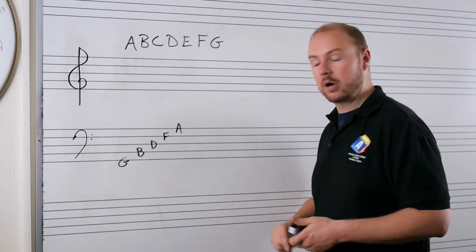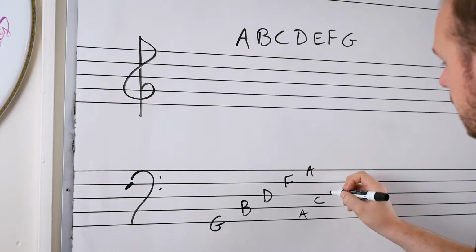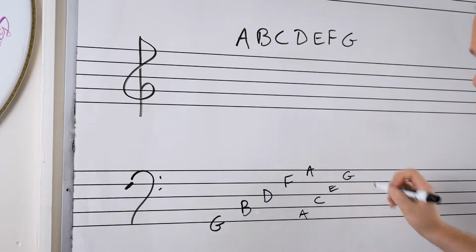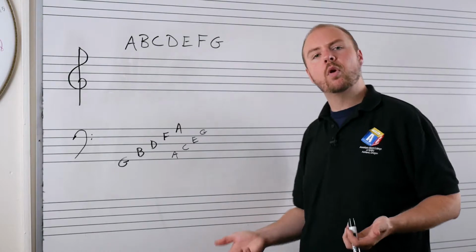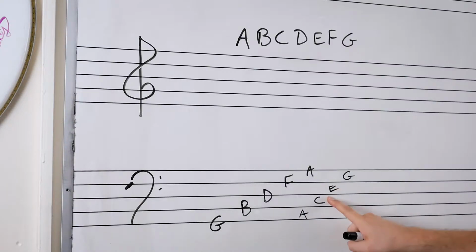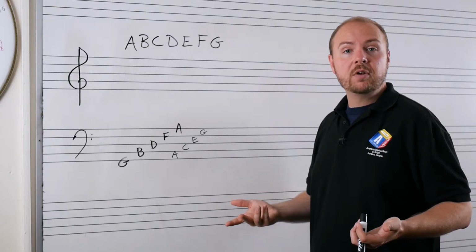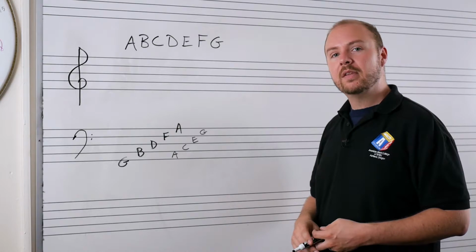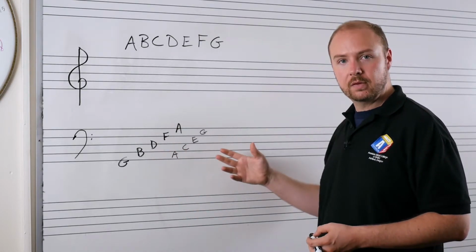The spaces are as follows: A, C, E, G. Again, come up with a saying to help you remember the order of those spaces. They are: all cows eat grass. Have fun with it. Again, the point is to help you remember the order of the lines and the spaces.